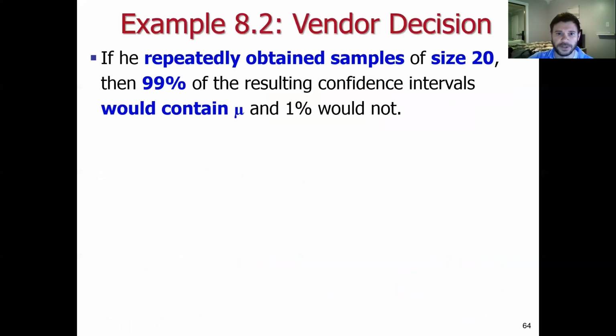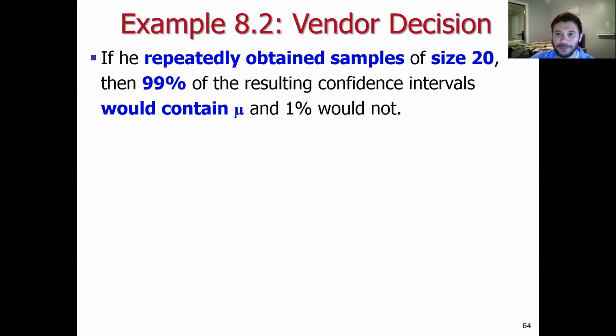Rather, if we were to repeat this process over and over again, let's say 100 times or 1,000 times or 1,000,000 times, sampling samples of size 20 and constructing these 99% confidence intervals, out of 100 times, about 99 would include that true population mean, and about 1 out of 100 would not.